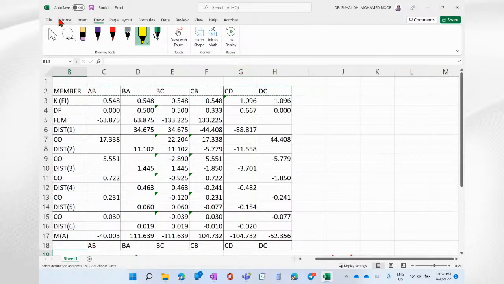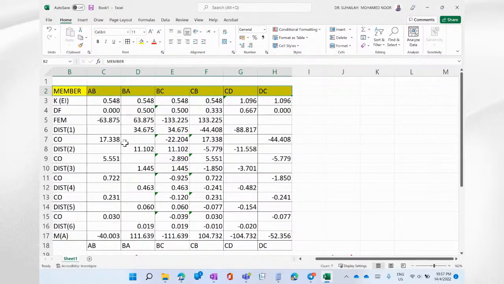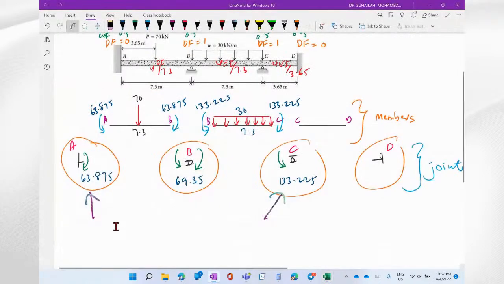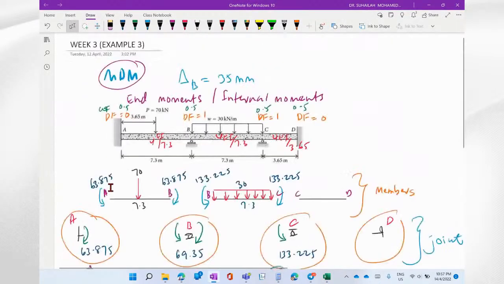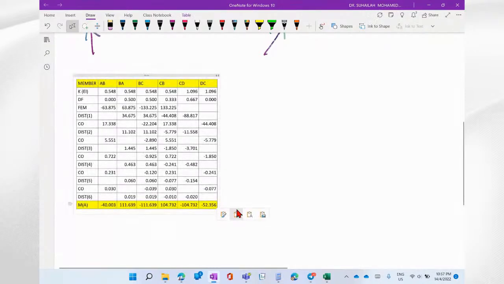Maybe I want to highlight some more here. Highlight this. So I copy this and I will paste here.